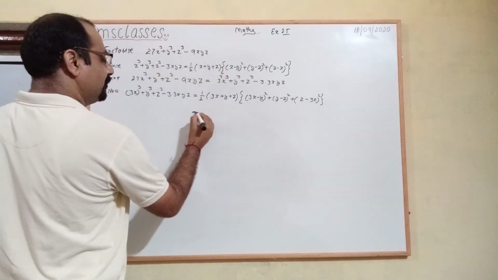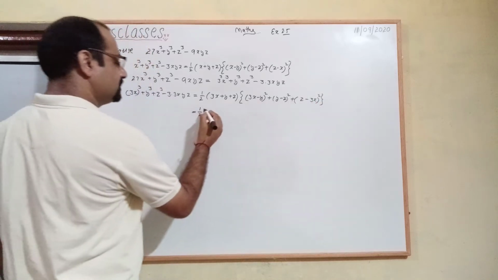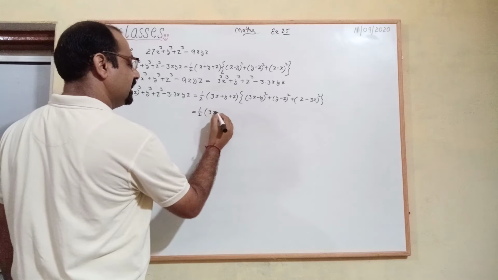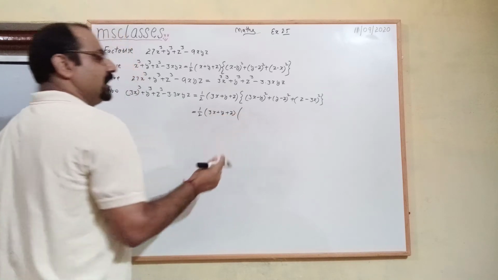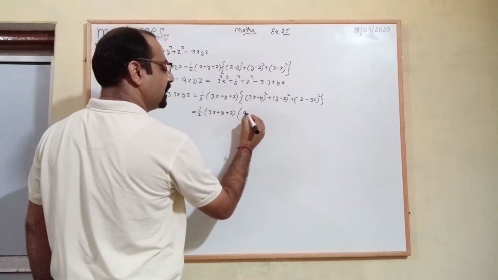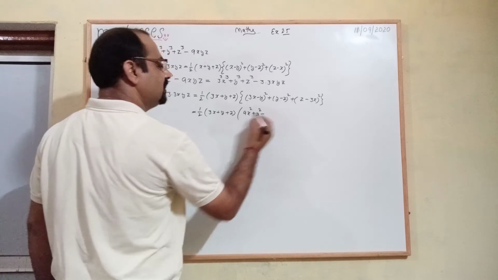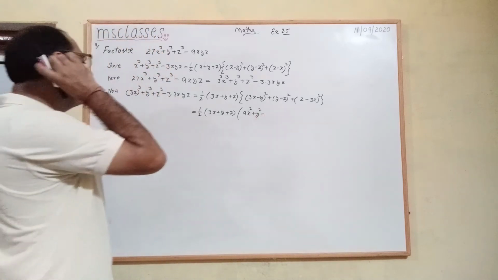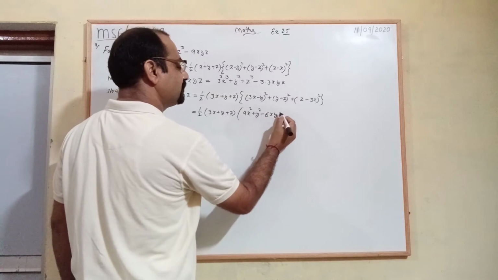You have to open the square identities. You have 3x plus y plus z as it is, and when you open 3x minus y whole square, you will get 9x square plus y square minus 2 into 3x into y, that is 6xy.